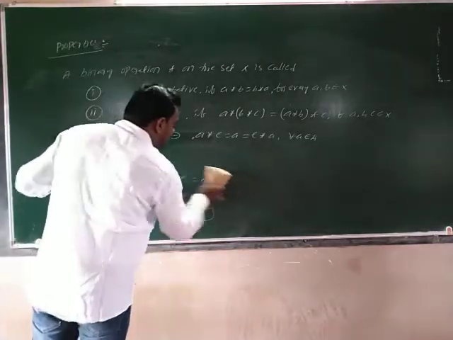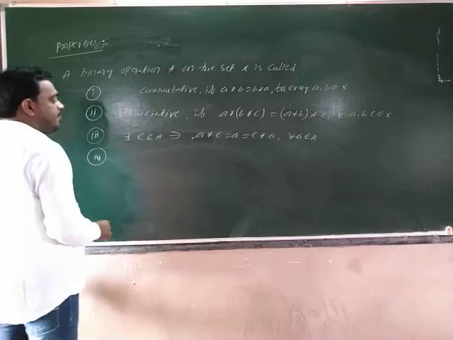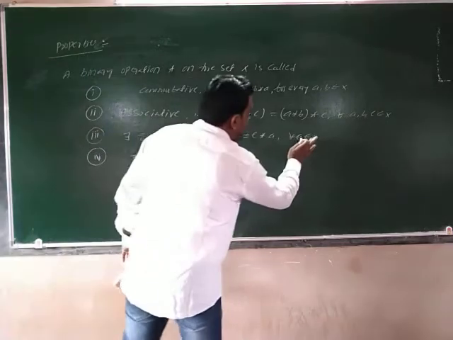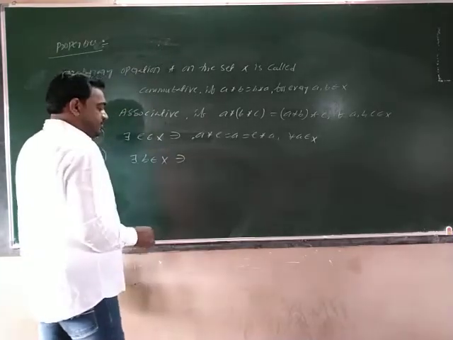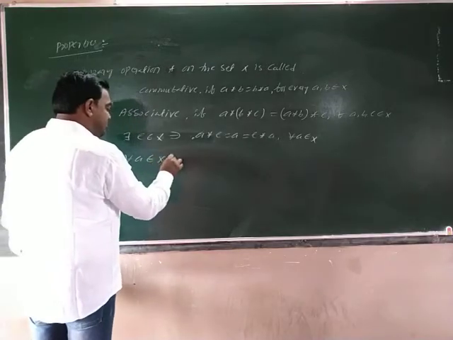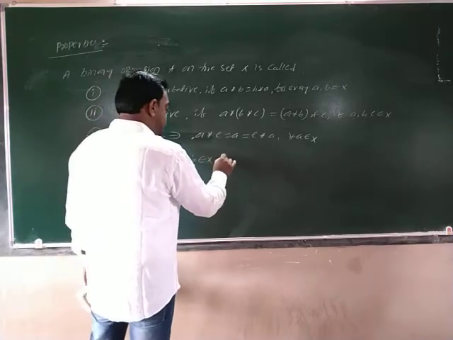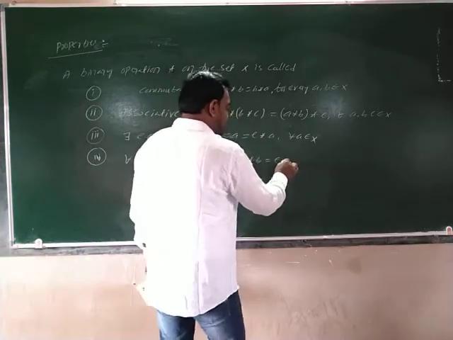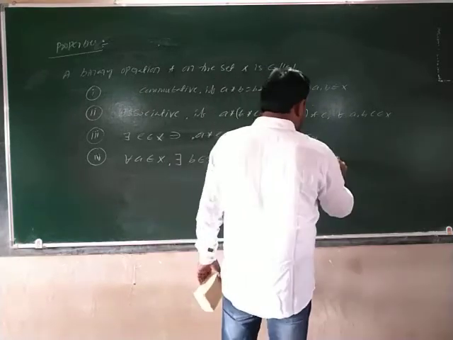Next, existence of inverse. Existence of inverse: there exists B belonging to X such that, for all A belonging to X, A star B is equal to E, which is equal to B star A. Then what is E?